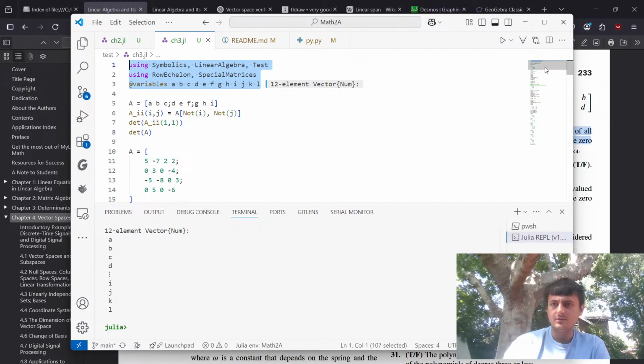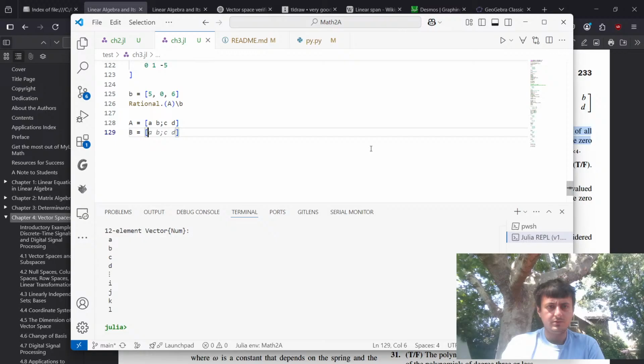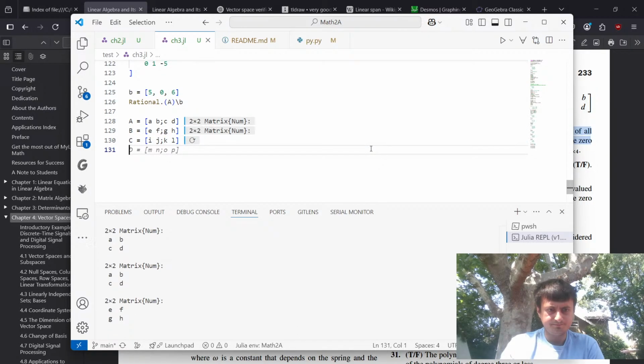Okay. So what I want to know is, let's say we have these three matrices.